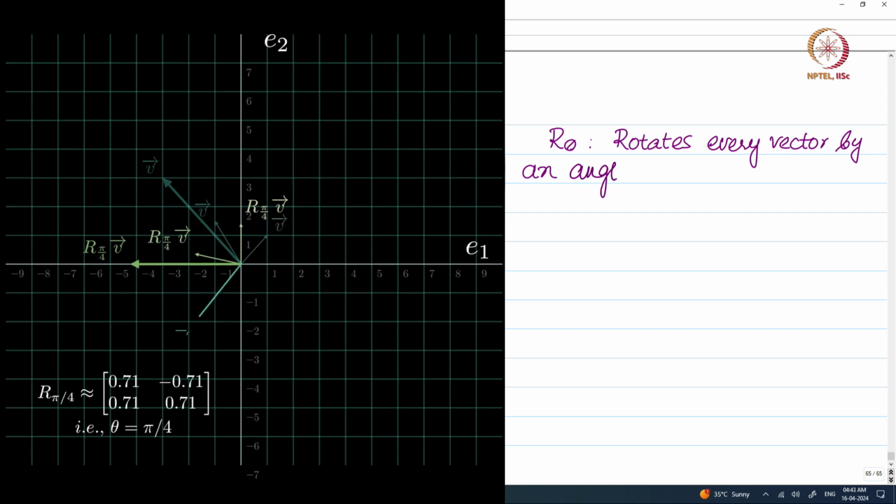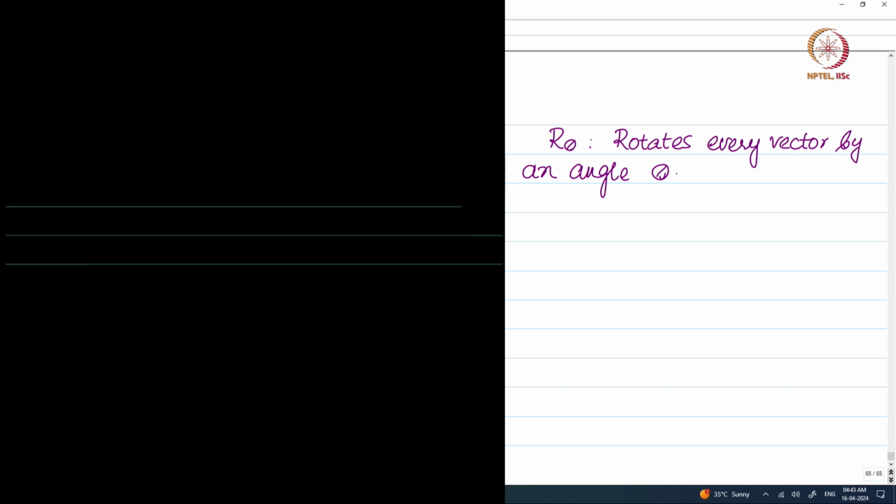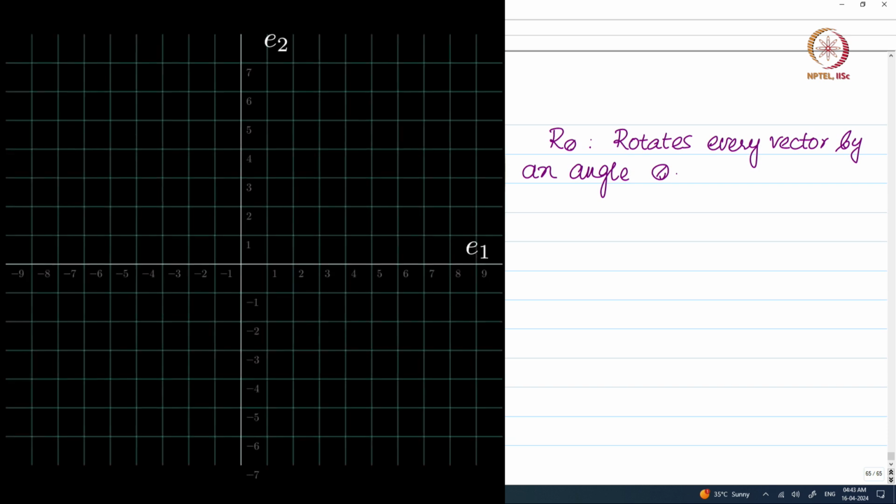Of course, theta of 360 or theta of 0, all those things would correspond to the same direction. So what we do is we will take a simple example, where I am going to take the rotation by 90 degrees. I am going to look at R 90 degrees.